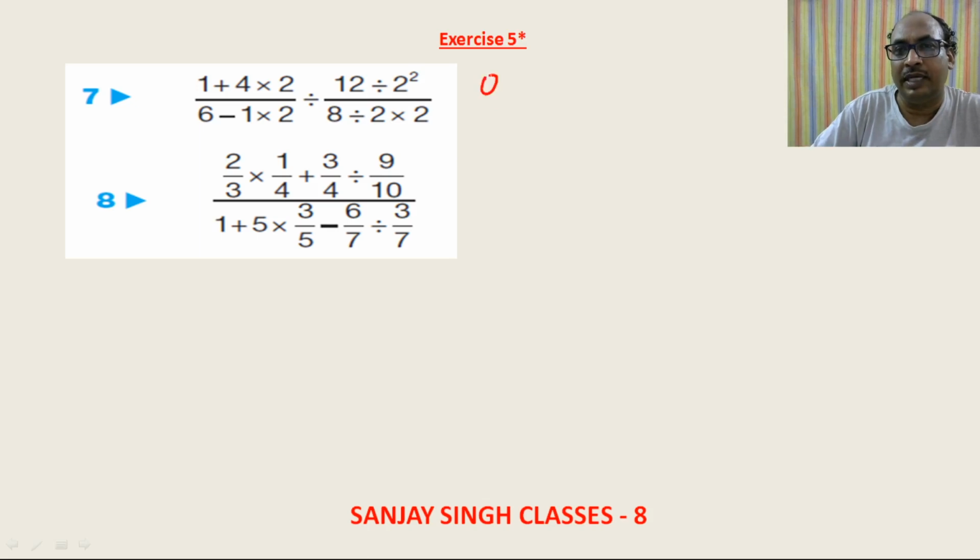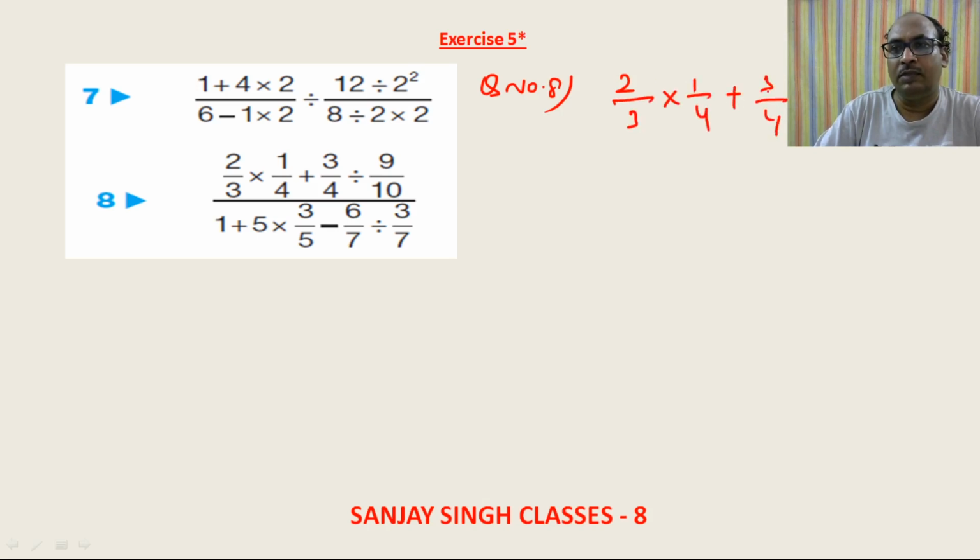So question number 8, 2 into, sorry, 2 by 3 into 1 by 4 plus 3 by 4 divided by 9 by 10 divided by 1 plus 5 into 3 by 5 minus 6 by 7 divided by 3 by 7.